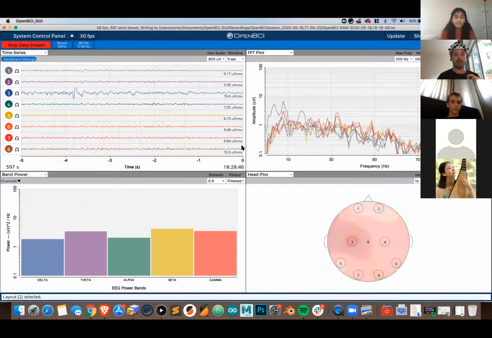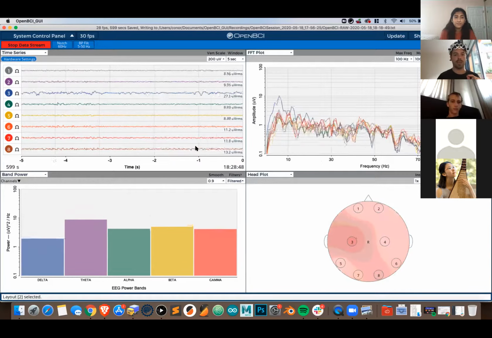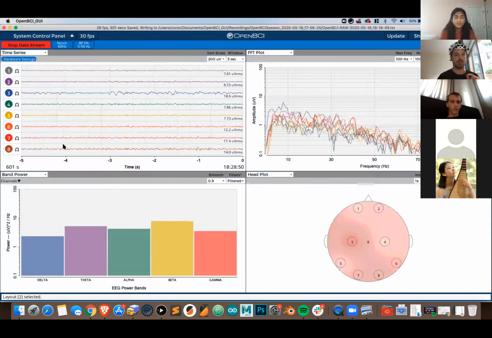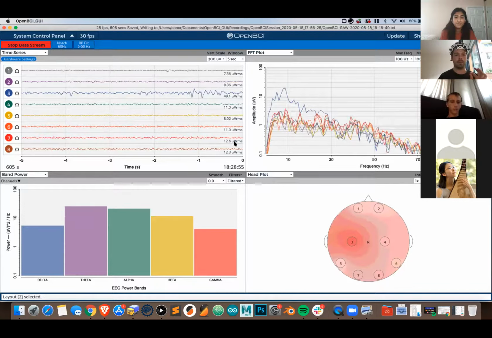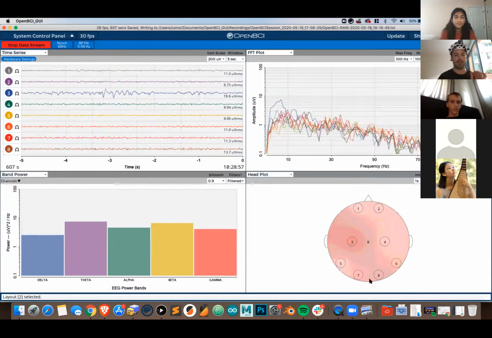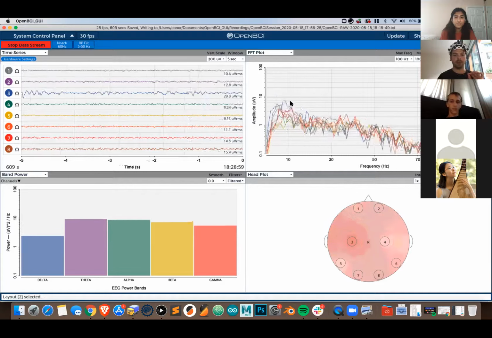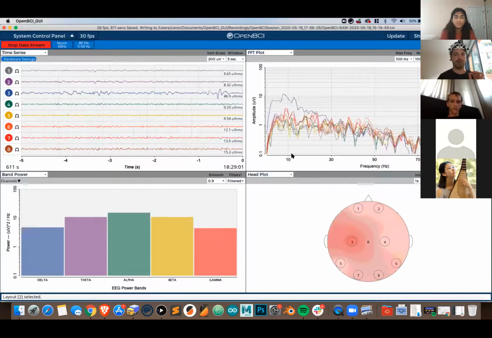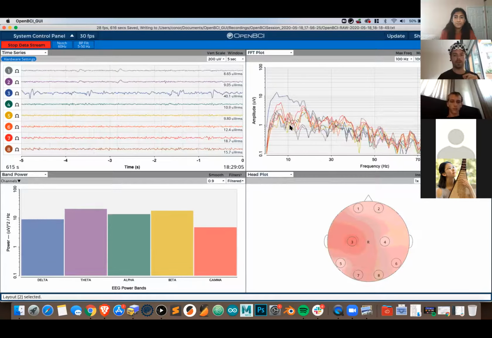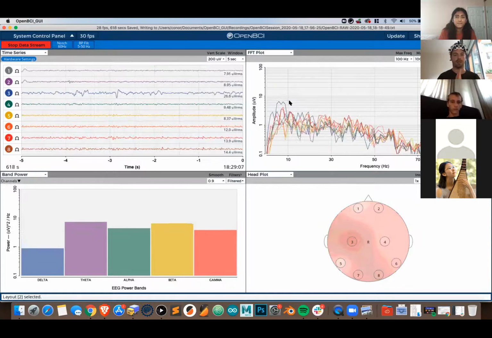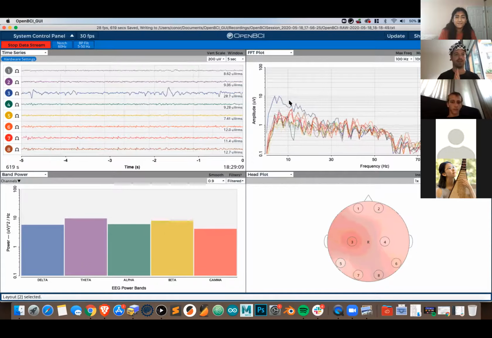This is present time, this is 1 second ago, 2 seconds ago, 3, 4, or 5. You'll see these little wobbles, predominantly in channels 7 and 8 at the back of my head, and a little spike above 10 or 11 hertz, which is the frequency representation of the data. You need to tell me when I start doing it, because I can't tell with my eyes closed.